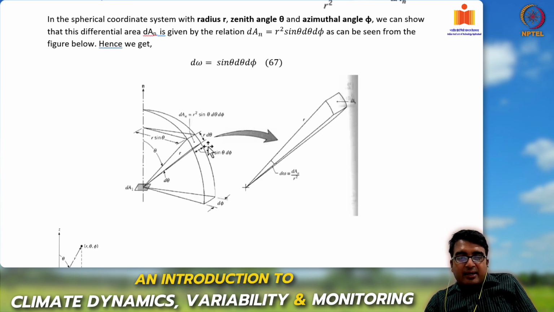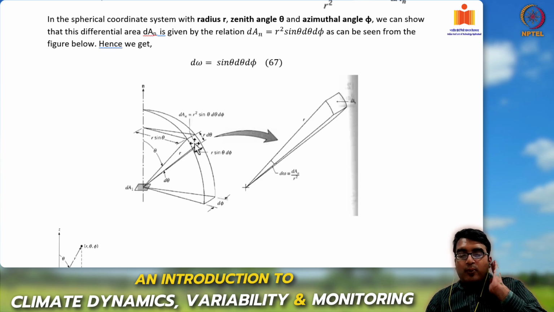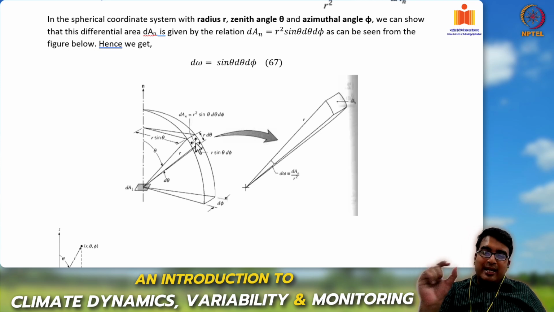So you get r sin theta d theta as this angle here. So if we draw a vertical line from this point to the axis, then this distance, which is basically the distance between the axis of this sphere and the point around which we are creating this differential area, this length is r sin theta.